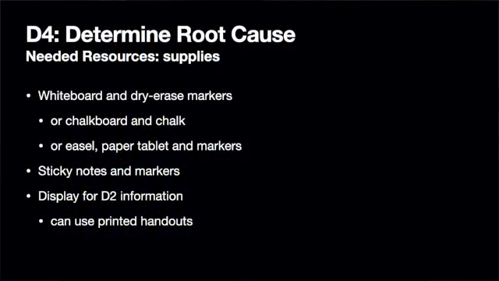You'll need some supplies. You'll need a whiteboard in your meeting room, dry erase markers, sticky notes, and markers for your sticky notes. And you want to be able to display your problem statement and D2 information on a screen or print it out and hand it out to each member so that you're all literally on the same page.